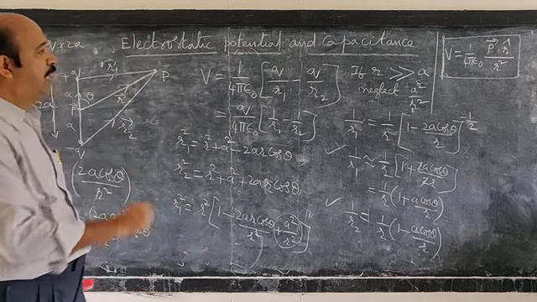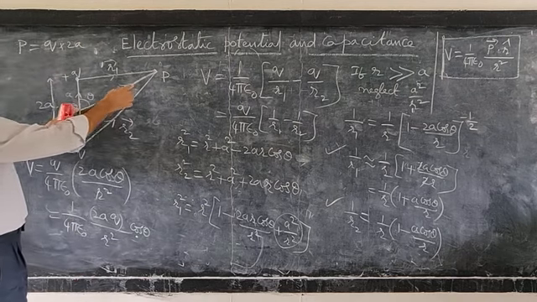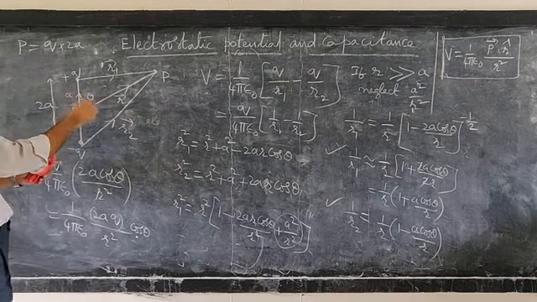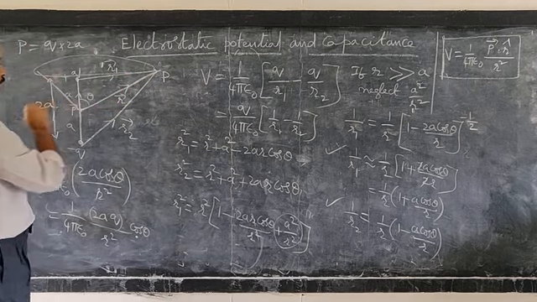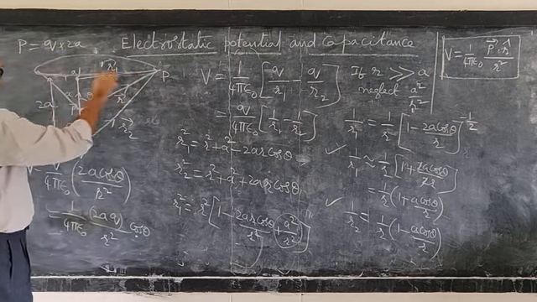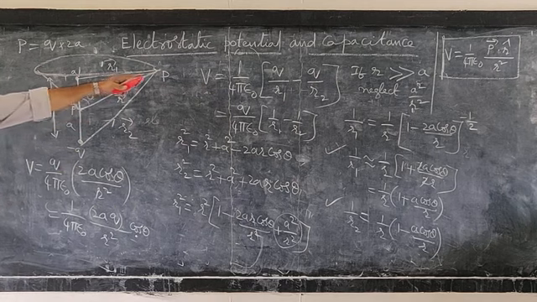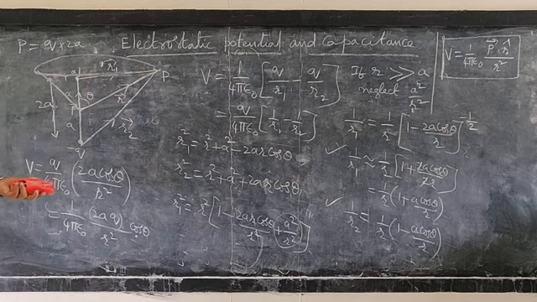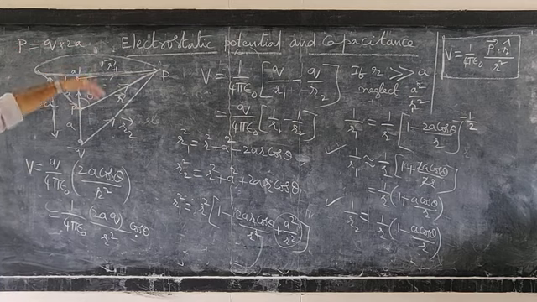Now, one more point we can discuss: suppose you rotate this position vector keeping the angle constant, you can imagine a cone being described, is it not? At every position similar to this point P, the potential will be the same.